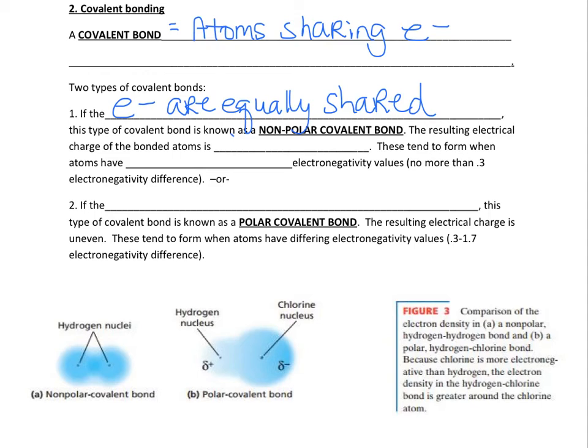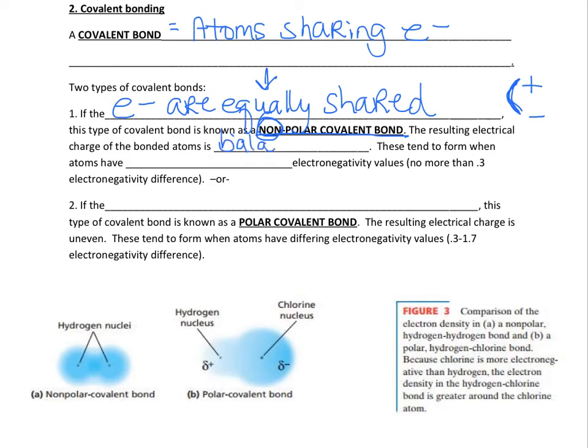This type of covalent bond is known as a nonpolar covalent bond. If you think of polarity, you usually think of a positive side and a negative side. If no atom is pulling more strongly, you don't have that tension of a positive and a negative end established. Therefore, it is nonpolar. It is not pulling harder one way or the other. It's very equal, and that's where the name comes from. So the resulting electrical charge of the bonded atoms is balanced.